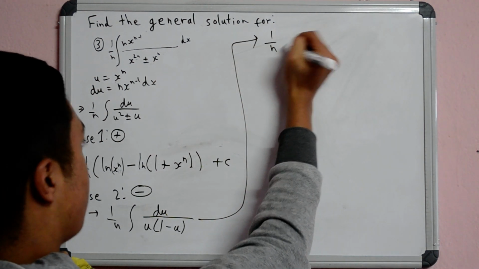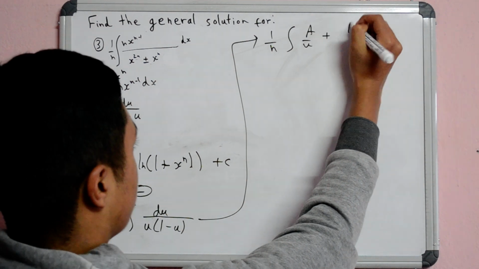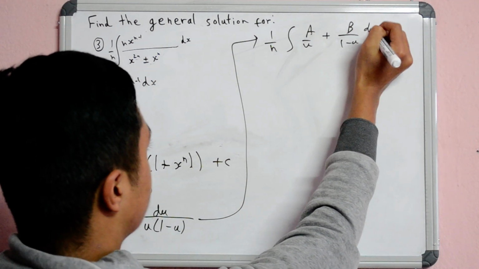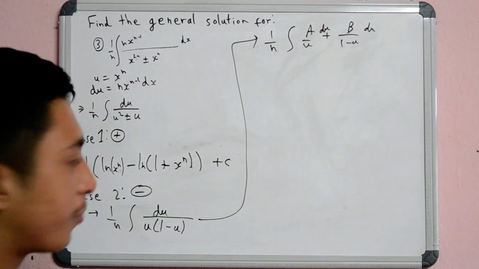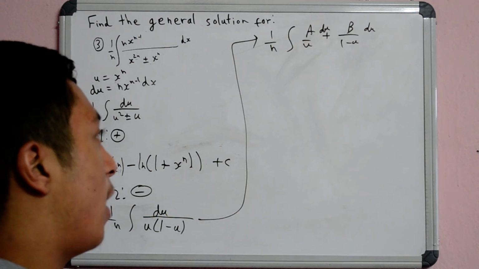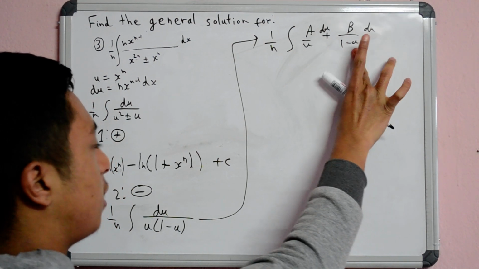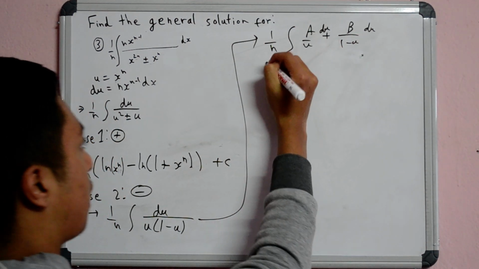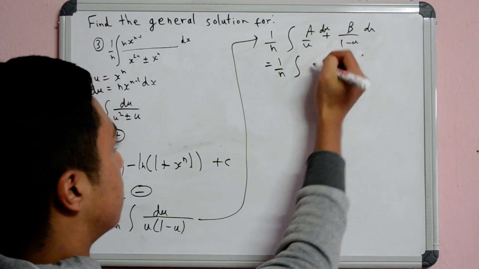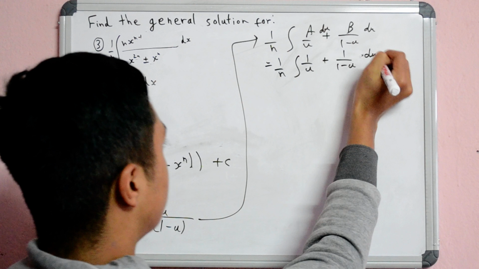So this will be 1 by n integration of a by u plus b by 1 minus u du. Now looking at this, we can see a and b should be 1 because you will get 1 minus u plus u. And you can use the partial fraction method to prove that, but I'll write it right in the next step. This is 1 by u plus 1 by 1 minus u du.